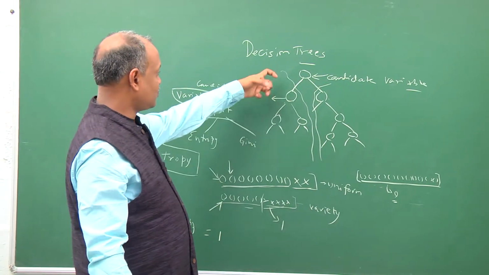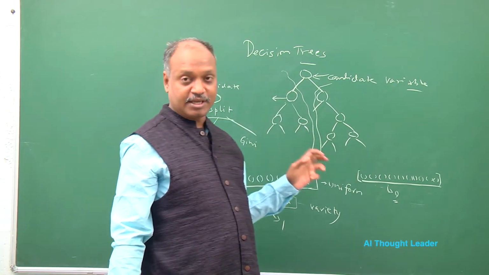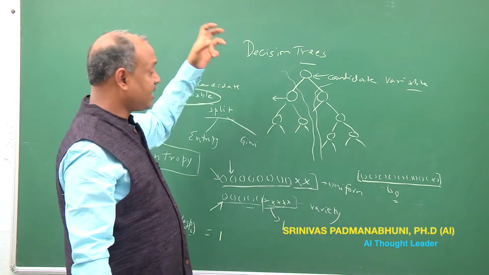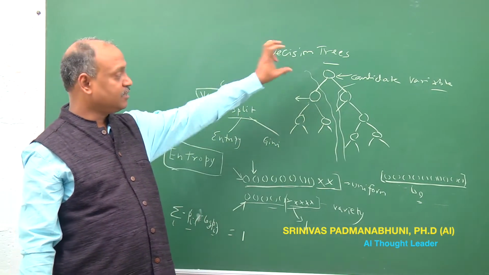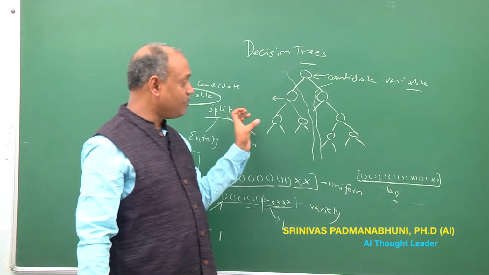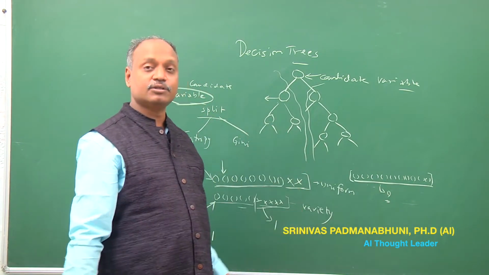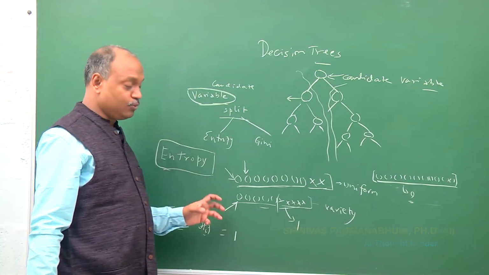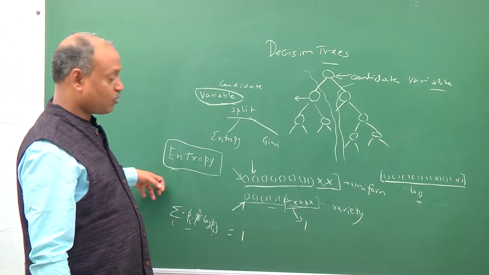Suppose you have two variables, x1 and x2, one of them gave 0.5, another one gave 0.6. The one which is 0.6 will be the candidate choice for splitting. So at any point you probably have multiple choices of candidate combinations for splitting the solution space, but we use the one which gives the maximum information gain, which is the change in entropy.